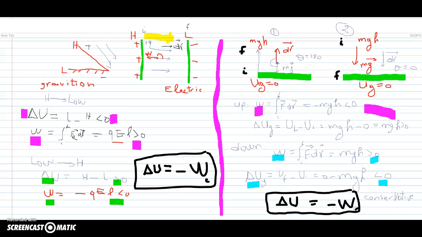Now, there are other characteristics of these forces. Let's enumerate a few of them. Here, some other characteristics of conservative forces.